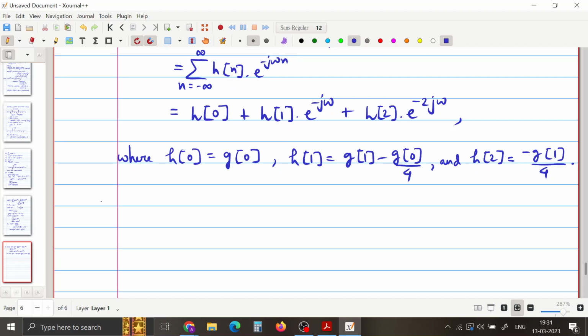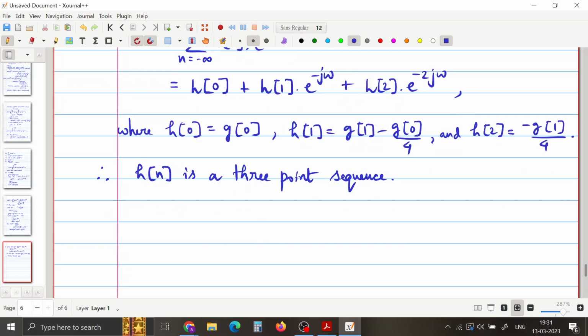Therefore, what we can conclude so far is that h of n is a 3-point or 3-length sequence. Once we are able to find these values h of 0, h of 1 and h of 2, we are done. We can find the general expression for h of n.